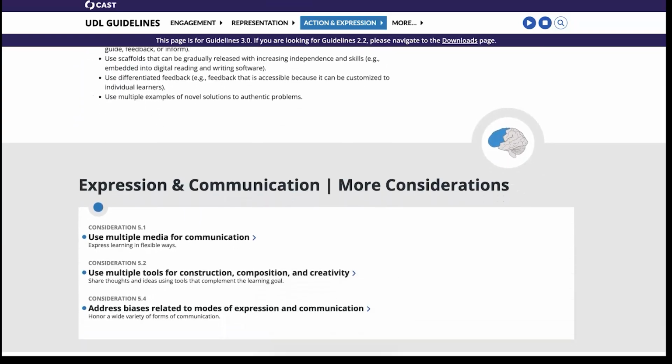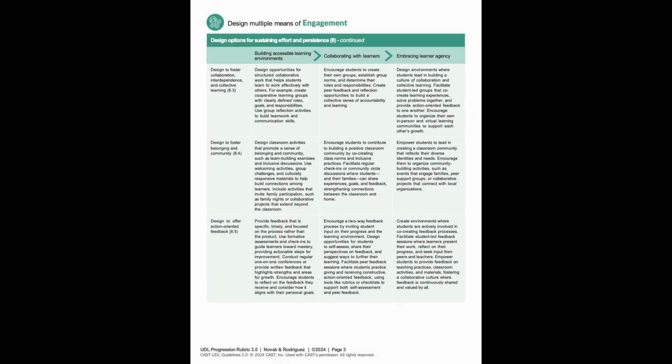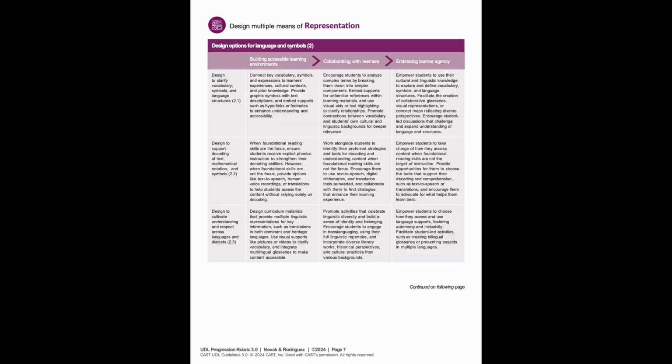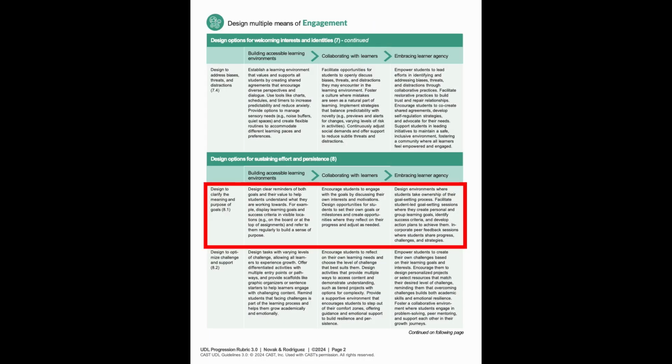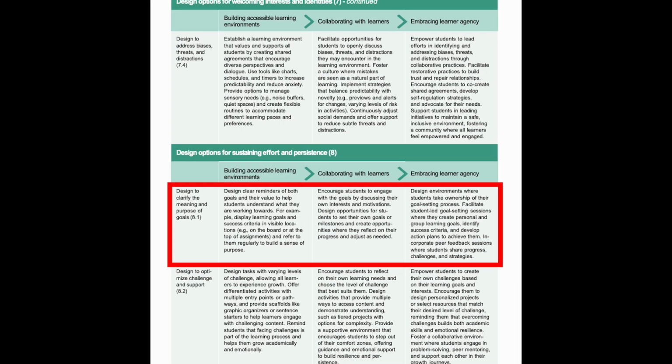So, how do you get started? We recommend that you use the UDL progression rubric to self-assess where you might already be implementing UDL principles in the design of your course. I can bet that you're already doing some things. For instance, do you clarify the meaning and purpose of the learning goals in your course?